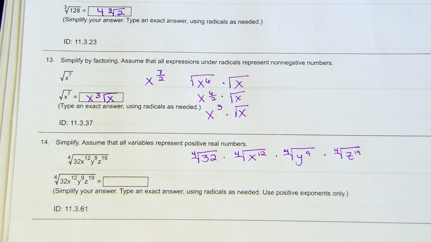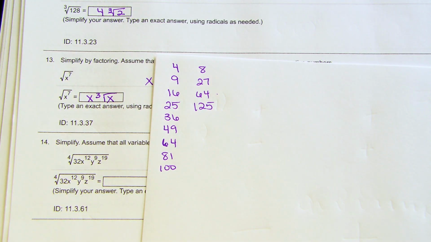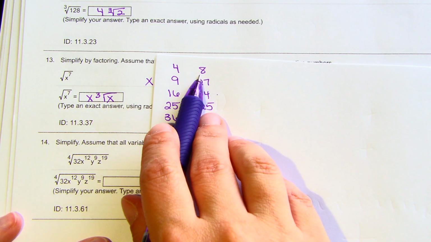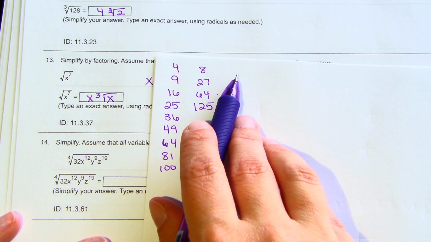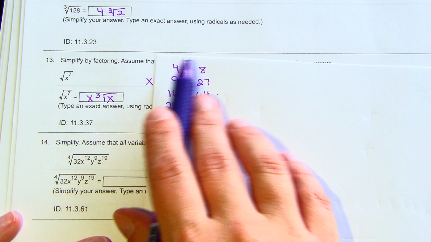And then I'm trying to figure out, okay, is 32 a perfect fourth? And obviously I didn't go to fourths whenever I made my list. But if I wanted to go to fourths, I would just take my thirds and multiply it again by each of them. So this was my 2's. So 2 times 2 is 4, 4 times 2 is 8, 8 times 2 is 16. So this would be a fourths column, perfect fourths.